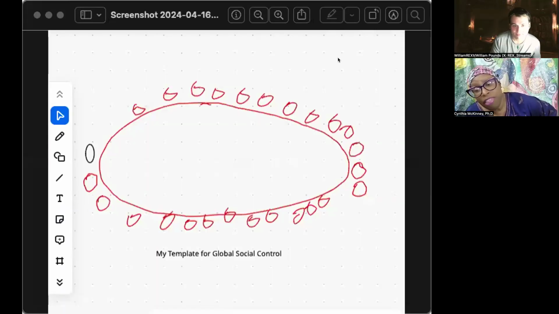Who were those people sitting around the table then? And I'm wondering who the people are now sitting around the table whose objective is the same as the people who were sitting around the table then. Is there anything in common with those?